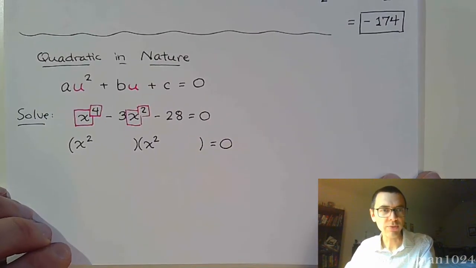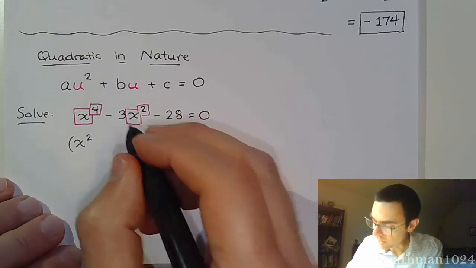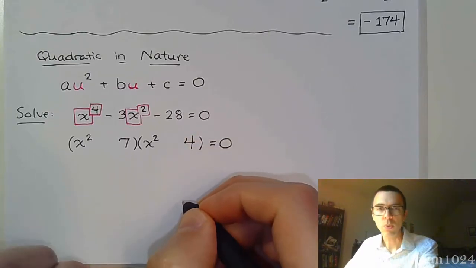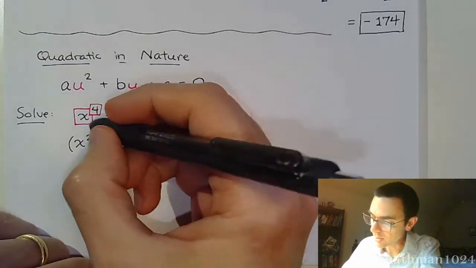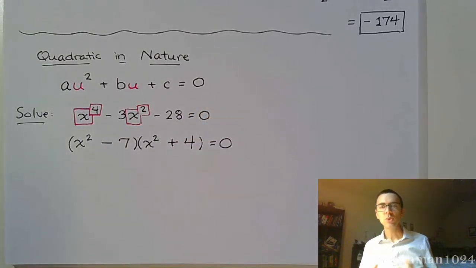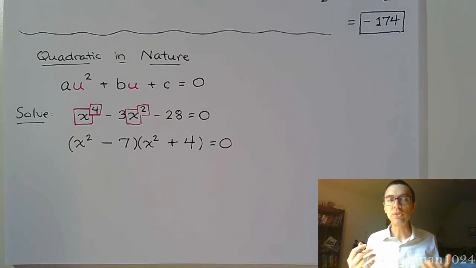And now you're just trying to find factors of 28 to subtract to 3. And so those factors are 7 and 4. Paying attention to your signs, we're going to have a minus 7 and a plus 4. So we factor this just like any other factoring problem. Even though it's not quadratic, you can still factor it.